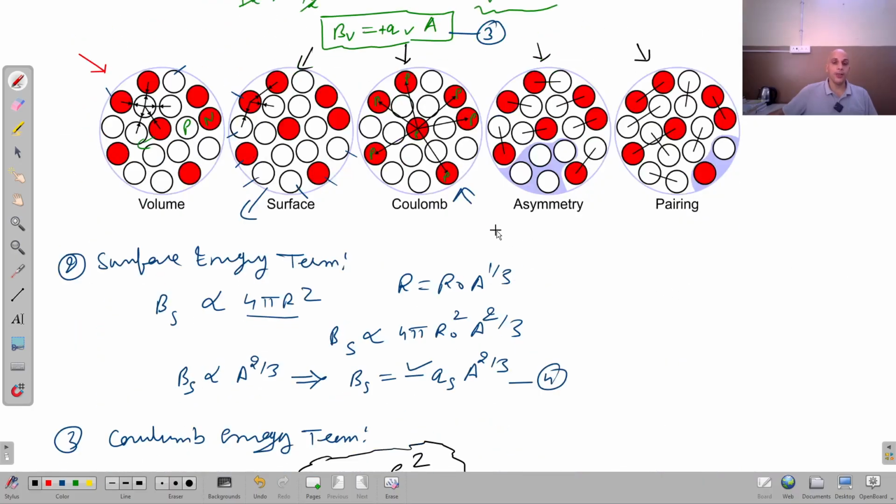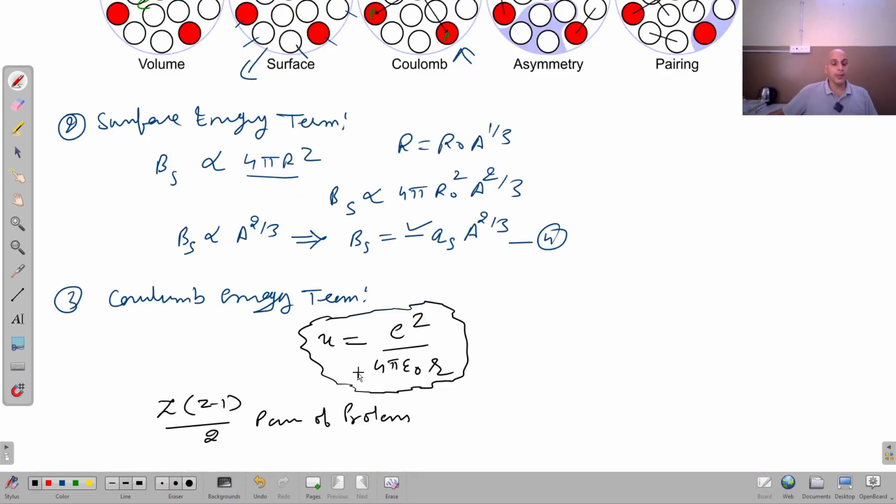So here I told you that the repulsive potential energy between the two protons is equal to this. As we have to calculate the total number of pairs of protons inside the nucleus, and the nucleus has Z number of protons, the total number of pairs formed inside the nucleus will be equal to Z into Z minus 1 divided by 2.